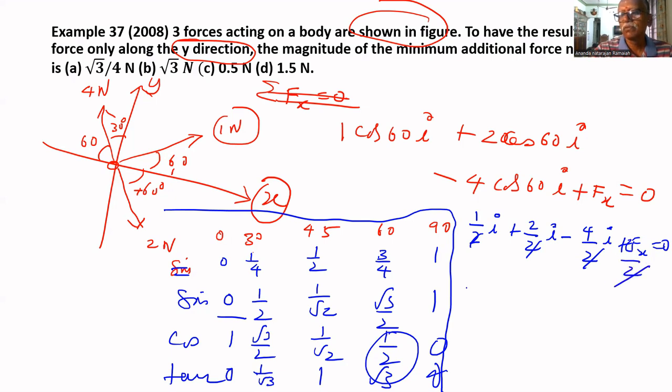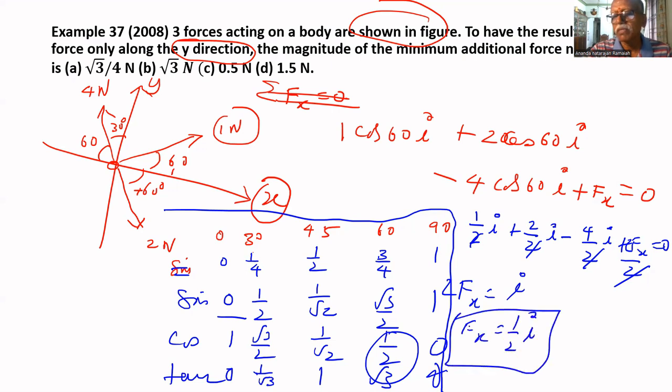So 2Fx equal to 3I minus 4I, that is 4 minus 3, 1I. Therefore, Fx equal to 1 by 2 I, or 0.5 I. That is equal to 0.5 Newton.